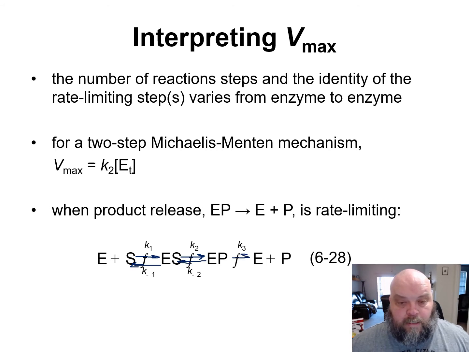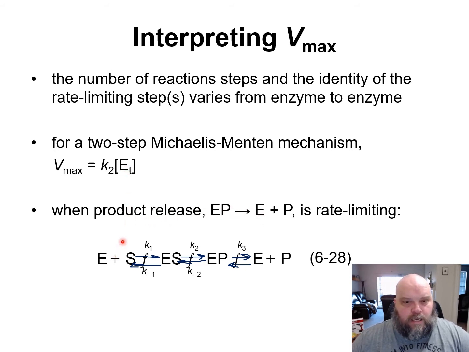So when you look at Vmax, you have to take into account many different things. Yes, Vmax is the breakdown of ES to EP. That's the rate of that. That's K2. So we see here K2 times the total amount of enzyme present, bound and unbound.